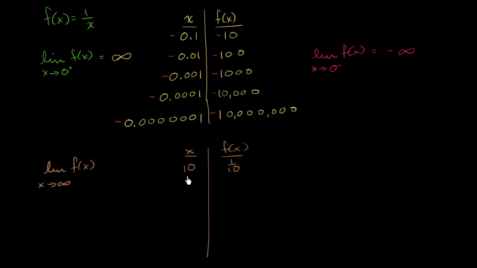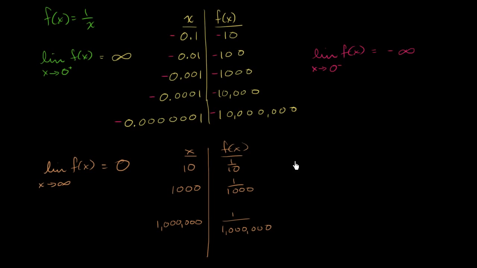If x is, and I'm just going to go larger and larger numbers, if x is 1,000, then f of x is 1 over 1,000. If x is 1 million, then f of x is going to be 1 millionth. So you see, as x gets larger and larger in the positive direction, f of x now gets closer and closer to 0. So we can say the limit of f of x as x approaches infinity is equal to 0.